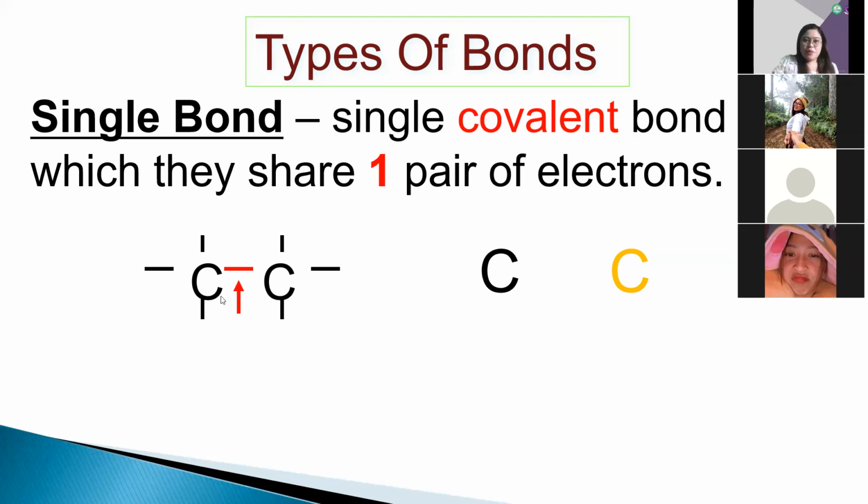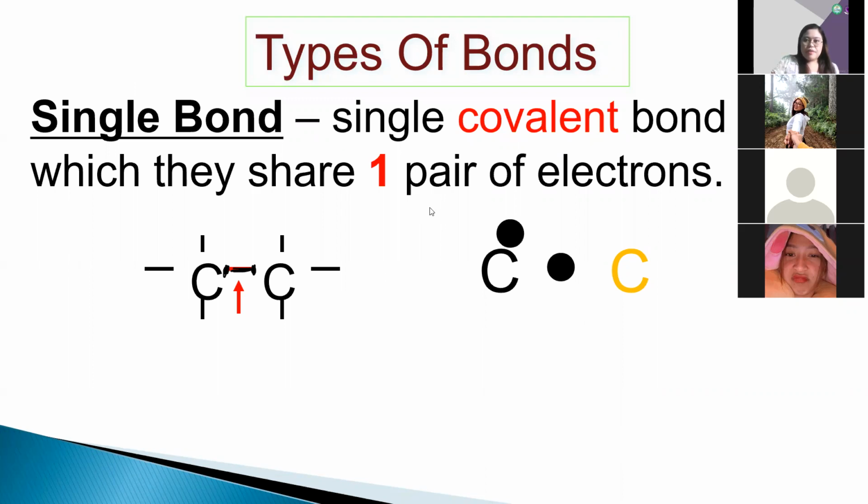So just like this one, if carbon is bonded with this carbon and then meron siyang single bond, it means one pair of electron is being shared. You have, let me draw it, we have 1 electron for this side and then another electron for this side. So they are being shared. And since we only have 2 electrons being shared, single bond lang yan siya, class.